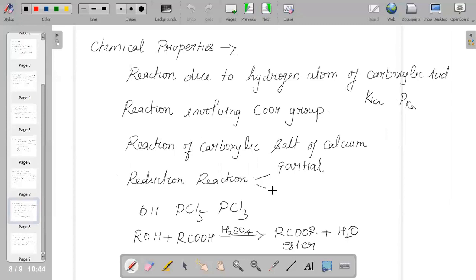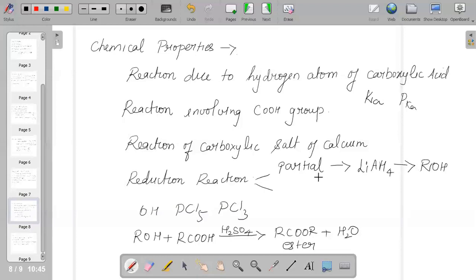When we say partial, the acid is reduced in the presence of the reducing agent lithium aluminium hydride, and it gives the product ROH, that is, alcohol. For example, ethanoic acid will give ethanol.